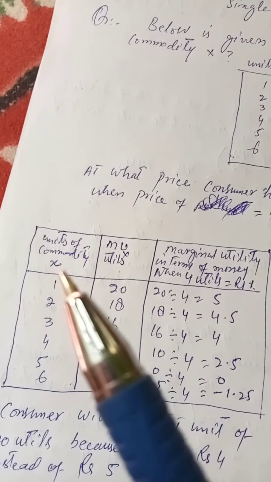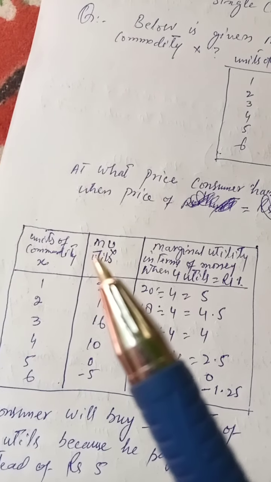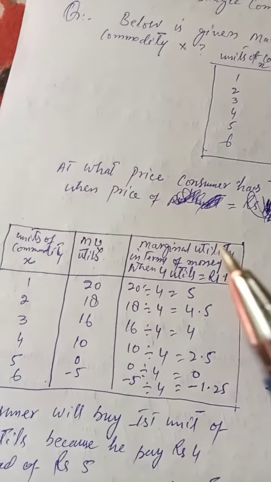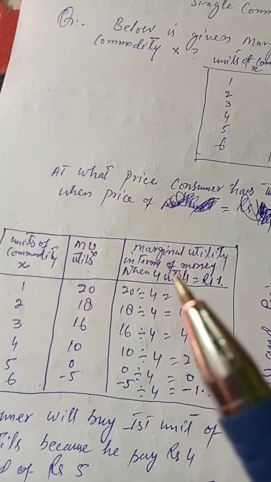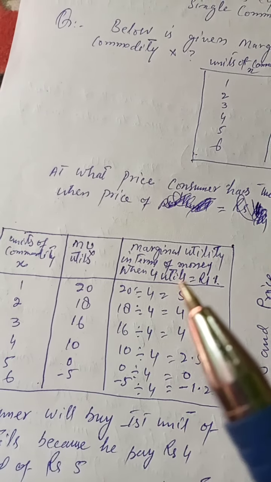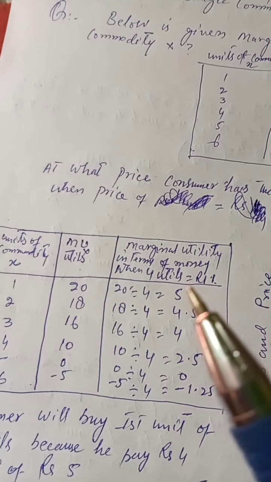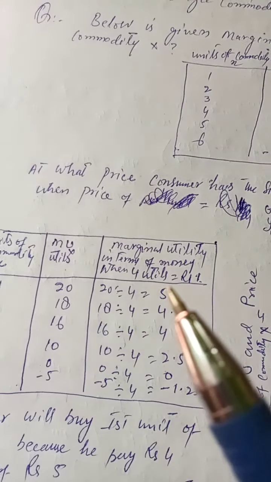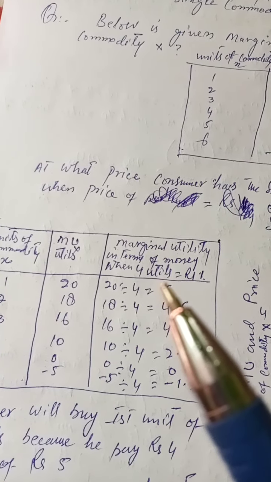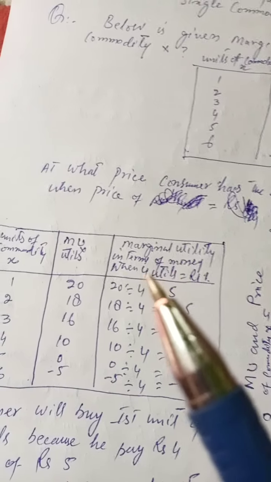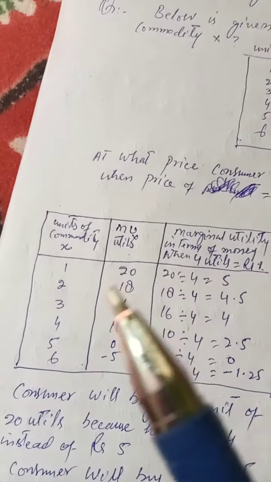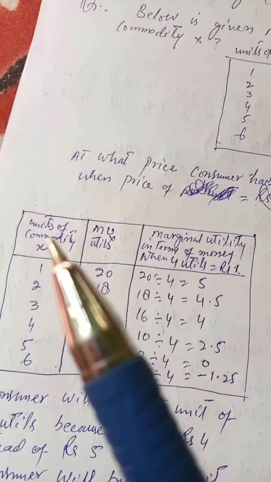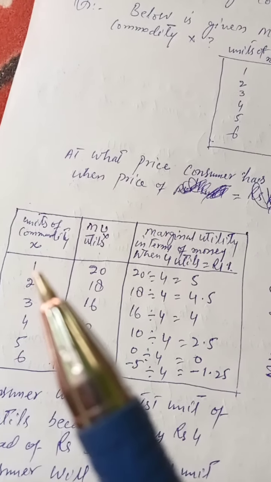These are units of commodity X. This is marginal utility, and this is marginal utility in terms of money, when 4 utilities is equal to ₹1. Here 1 rupee has 4 utilities, or we can say 4 units of utility. So this is commodity X and unit number 1.